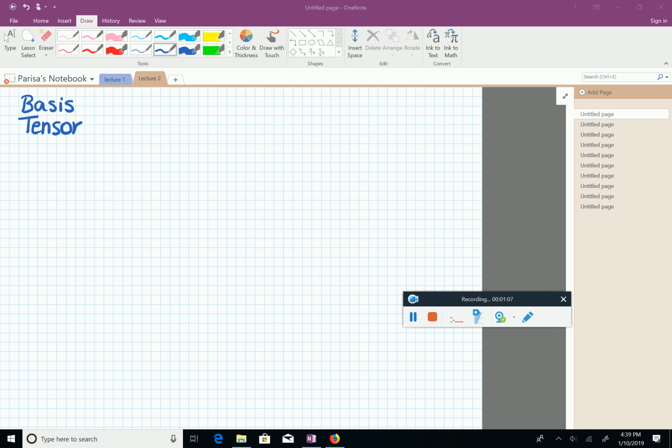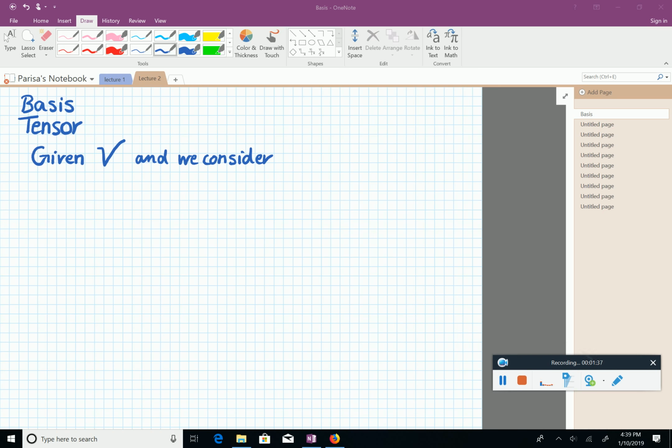So let's look at the linear combination again. I write it again for warm up. We imagine that we have a given vector space. We used this symbol last time, and we consider vectors v1, v2, all the way to vm, which belong to the vector space.